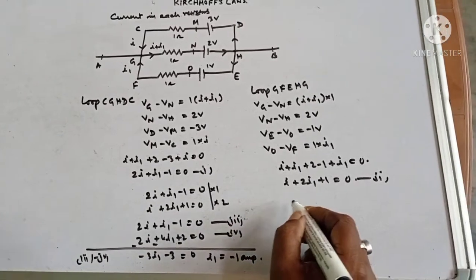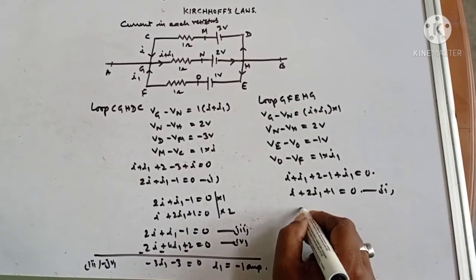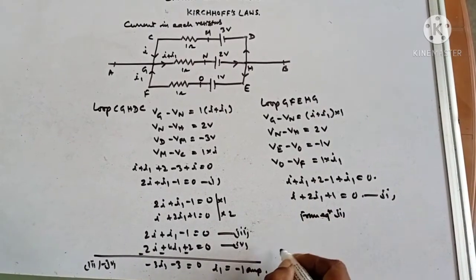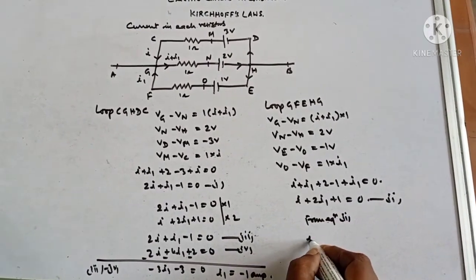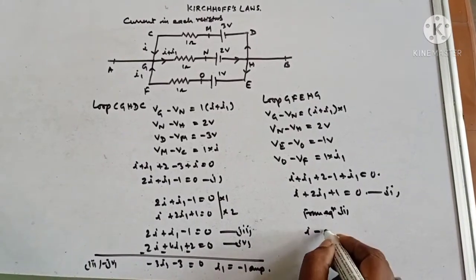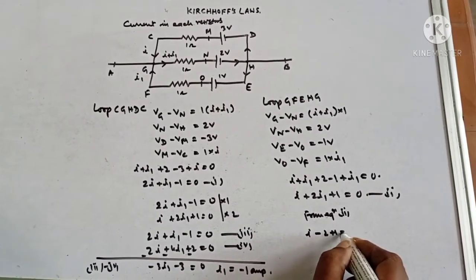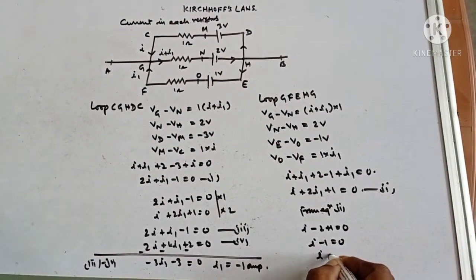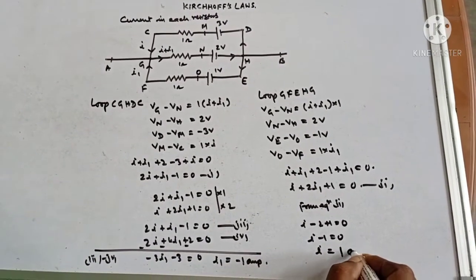Now I am going to select any one of these equations. From equation 2 we get I minus 2 plus 1 equal to 0. So I minus 1 equal to 0. So I is equal to 1 ampere.